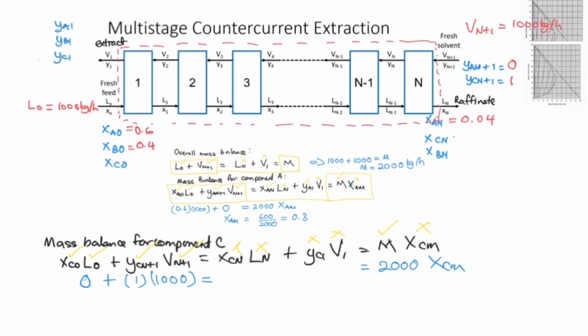So it is obvious that we have this particular equation together with that particular equation. So we can solve for XCM, which is equal to 1000 divided by 2000. That will give you 0.5 for the mass fraction of the mixture.